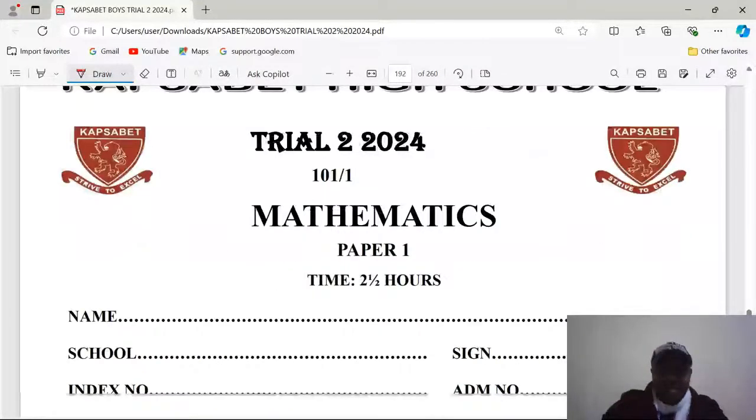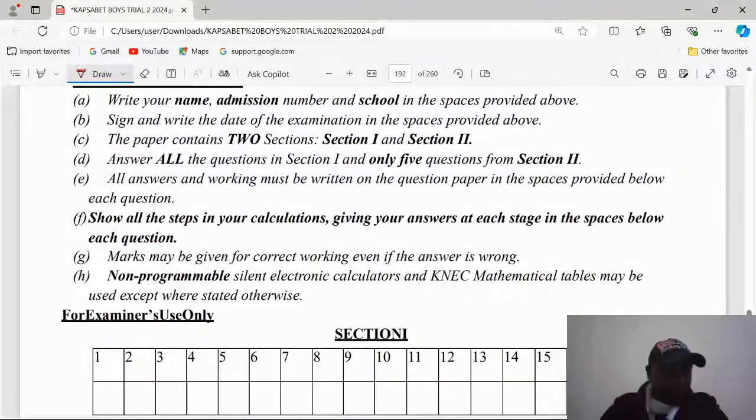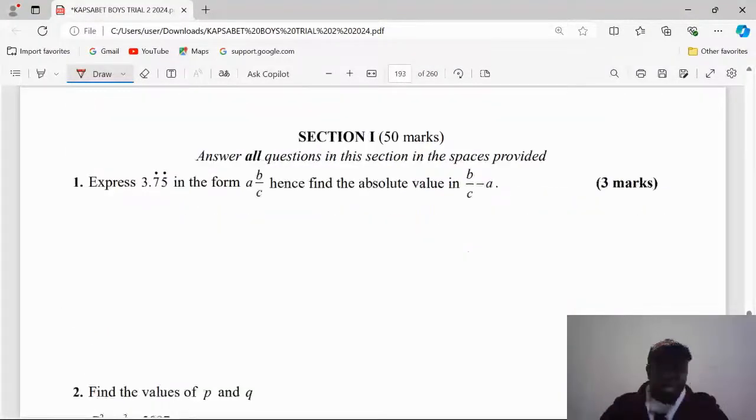Yes. We have the instruction. Then the questions now come. 3.75, and we can see 7.5 are both recurring, in the form A, B divided by C. Hence, find the absolute value of B divided by C minus A. So what we'll be doing here is converting a recurring decimal into a fraction.